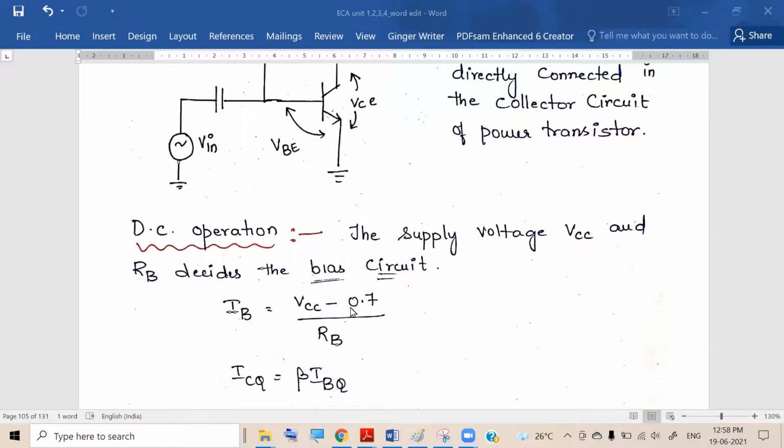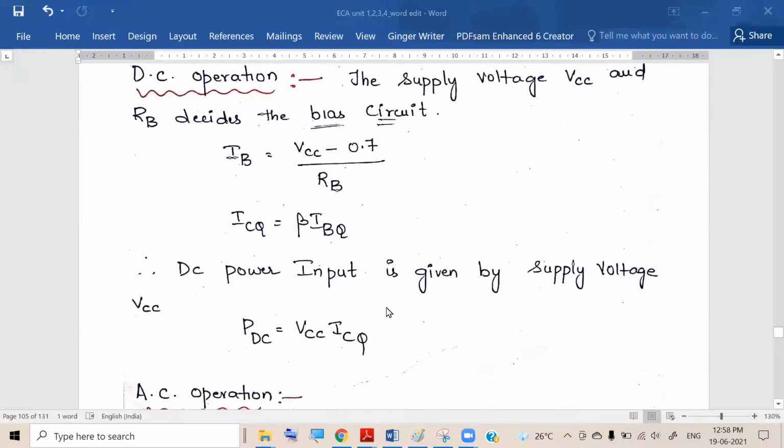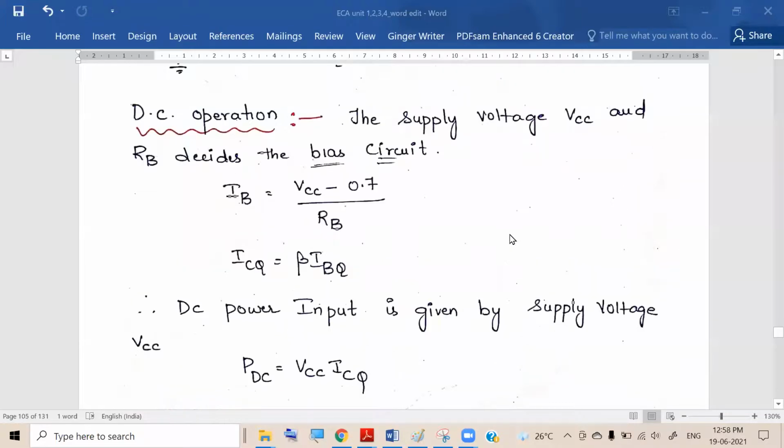Suppose you waste 75 rupees and only 25 rupees you have used correctly, then your efficiency is only 25%. Simple. Likewise, we are now going to discuss the efficiency of class A amplifier.